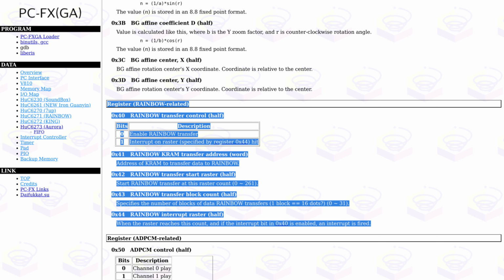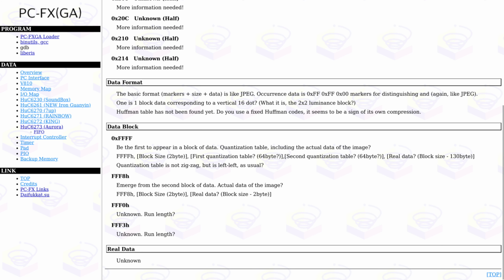I believe the GameMaker Plus tools have some stuff to compress the Rainbow graphics, and apparently it is like motion JPEG. So I would assume that you would need to encode your game as raw MJPEG and then just push that to King, which then pushes that to Rainbow.